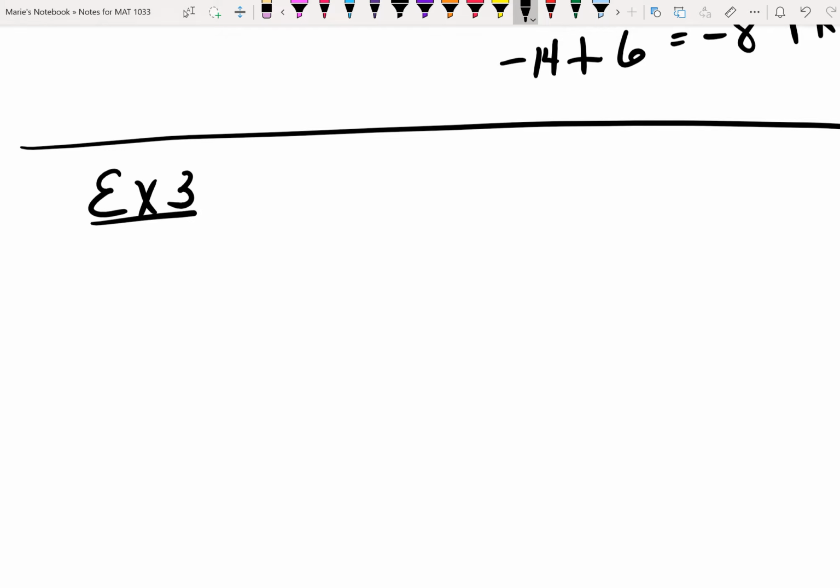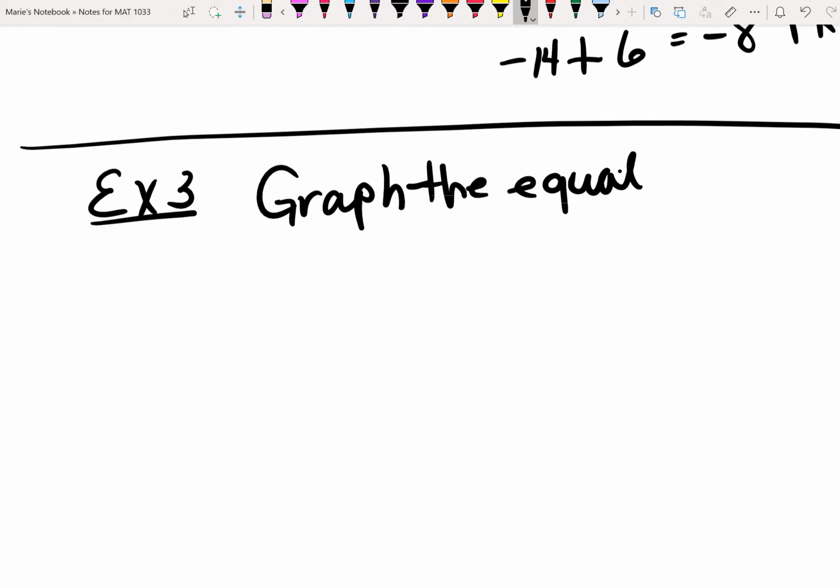Okay. Example 3. In example 3, it says graph the equation, and the equation in this case is 3x plus 5y equals 15.